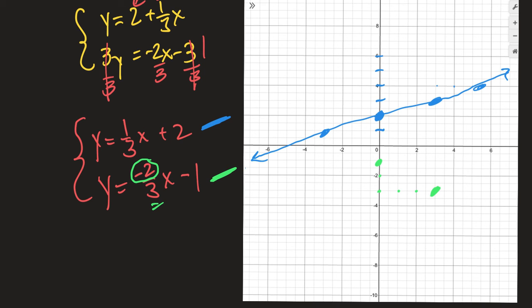But the line is heading in this direction, which is going away from the blue line, and I want to find out where these lines cross. So what I really need to do is go up 2 and left 3. I'll reverse that process: up 2, and left 3, and holy cow, look at that. That's where those lines cross.